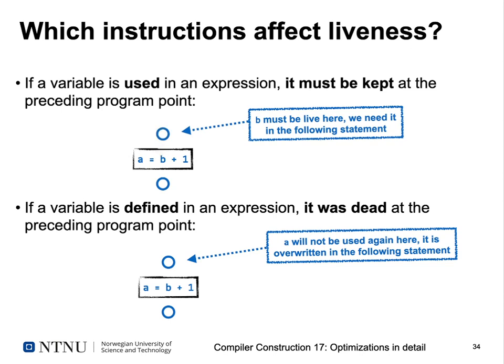On the other hand, if we define a variable in an expression, like our variable a here, then we know that the previous value of a that might have been live until this point is no longer needed. So the previous value of a will not be used again, because we override it here. So if a variable is defined in an expression like our variable a here, then we know it was dead at the preceding program point here.